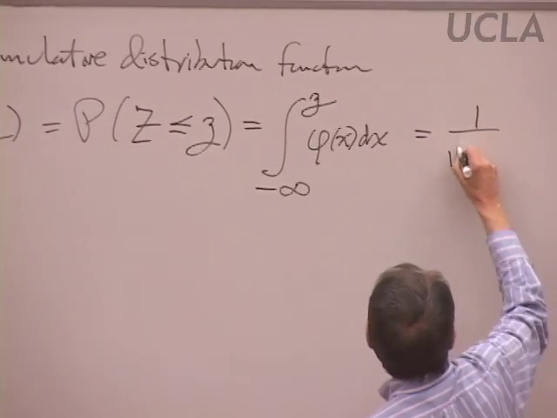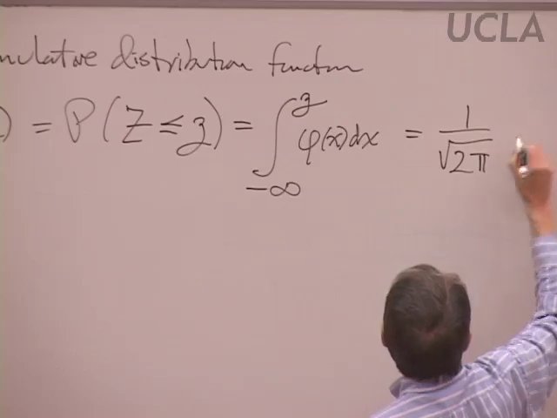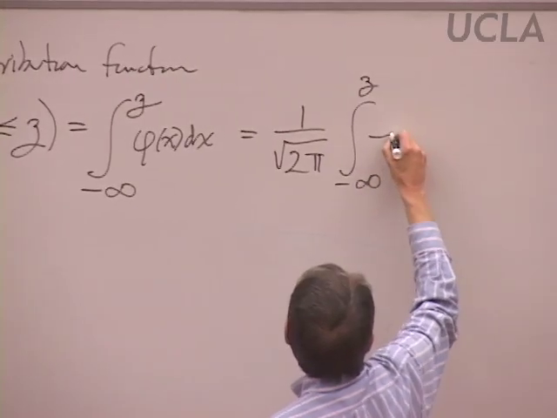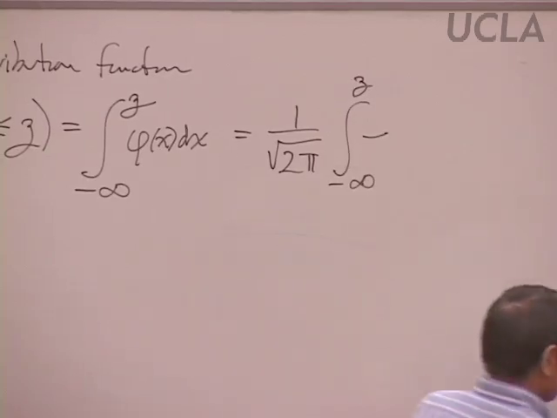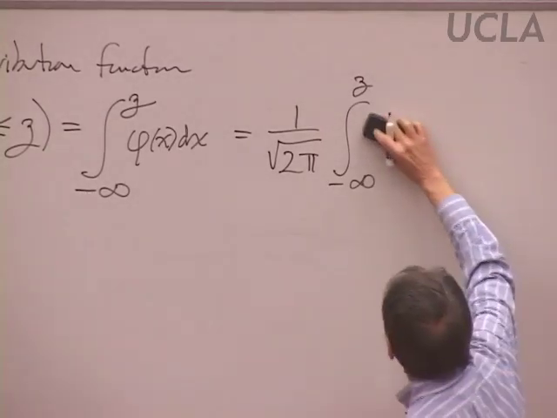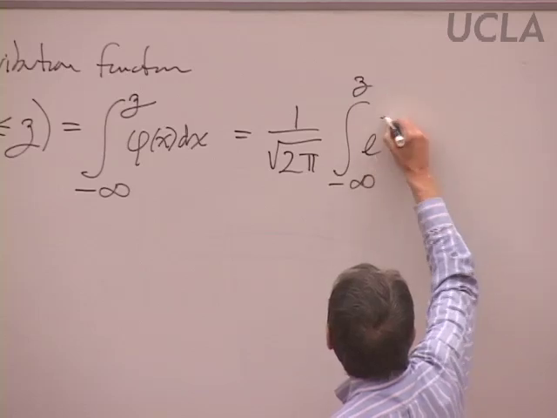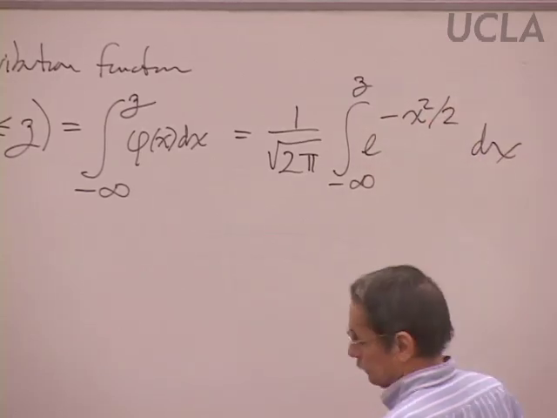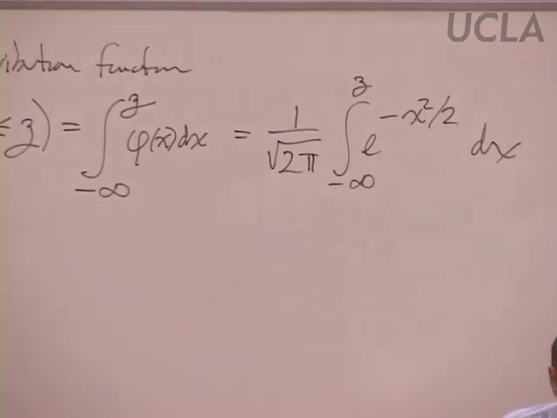So it's 1 over the square root of 2 pi, integral from minus infinity to z of e to the minus x squared over 2. So capital phi is this function.